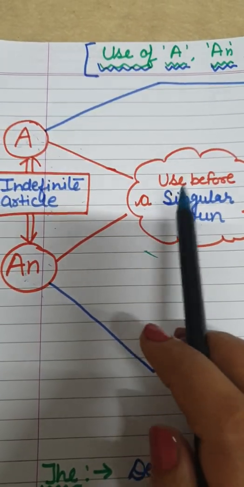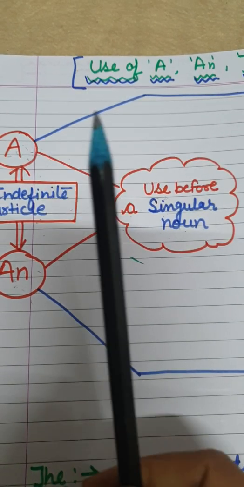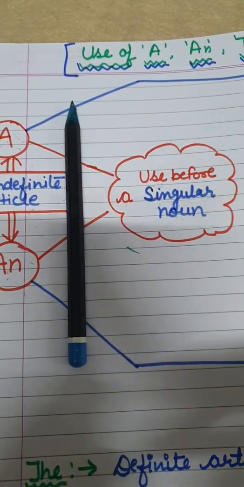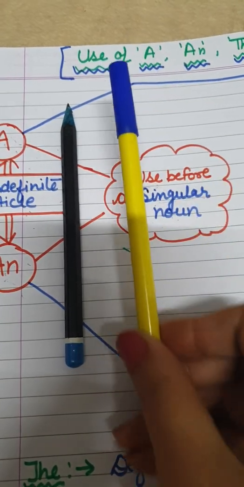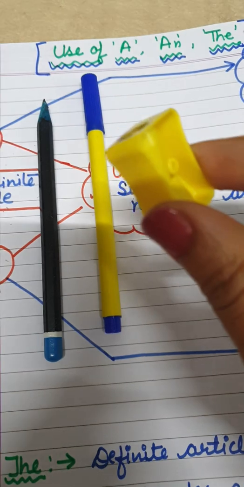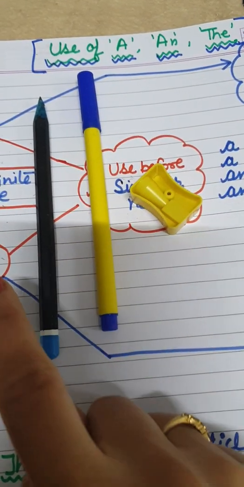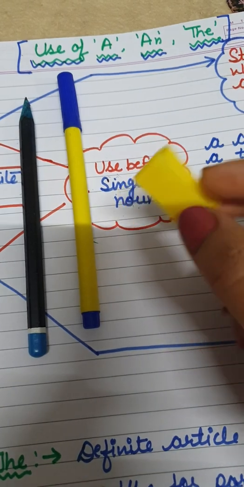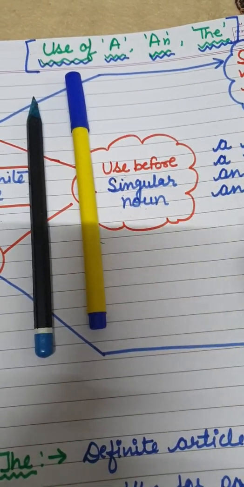Noun should be only one. Like here, one pencil, so we will use a pencil. One sketch pen, a sketch pen. One sharpener, so a sharpener. Here all the objects are one in number, so we are using a before them.